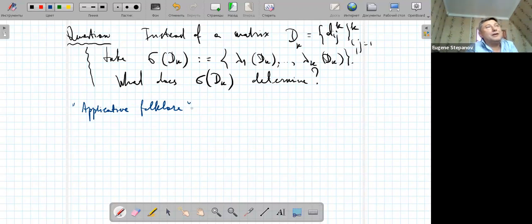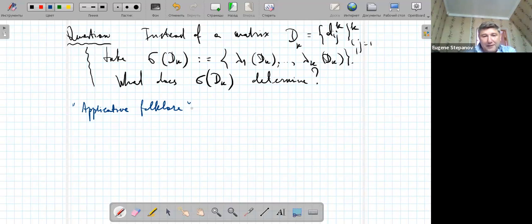There are lots of methods in what is now called manifold learning that are aimed at reconstructing the space from the distance matrices.